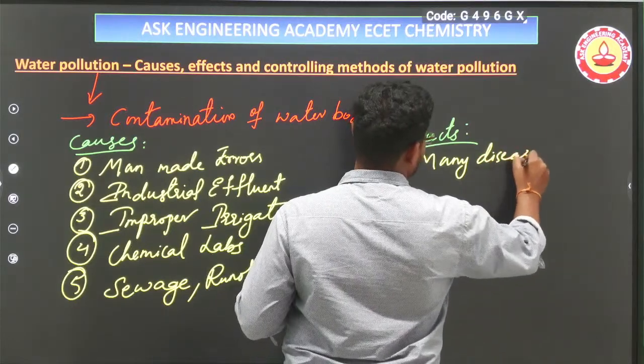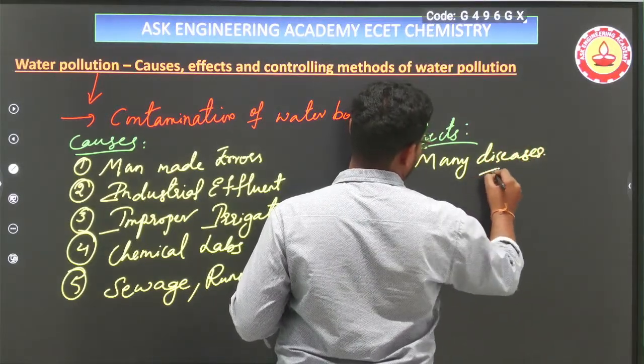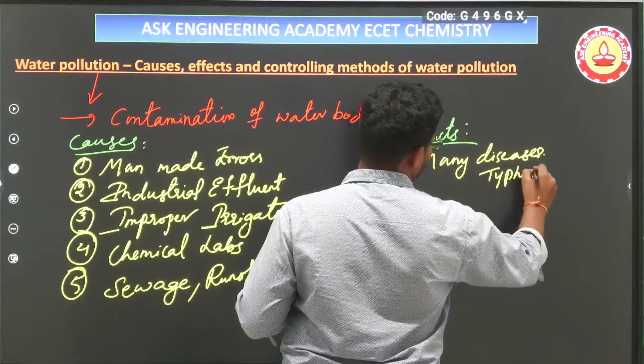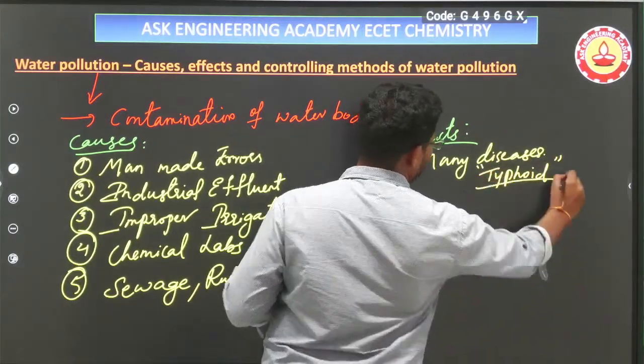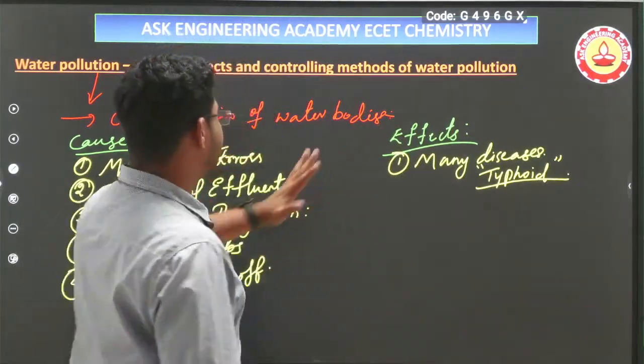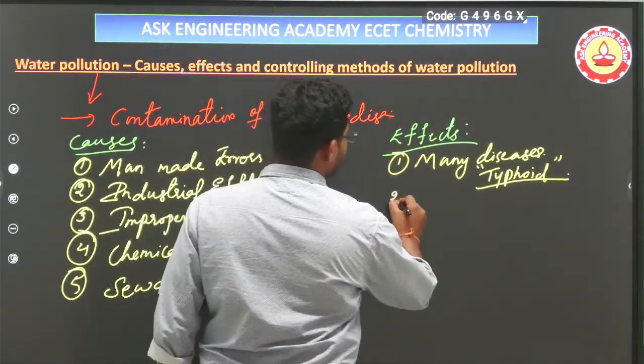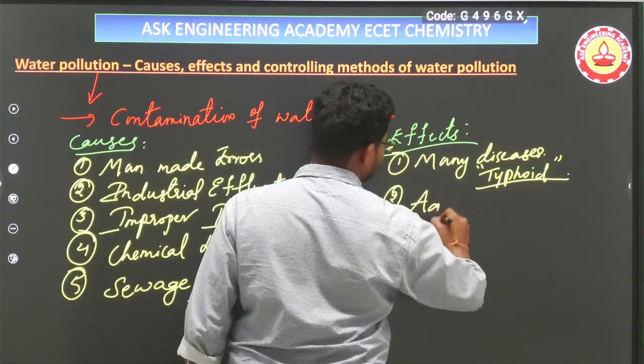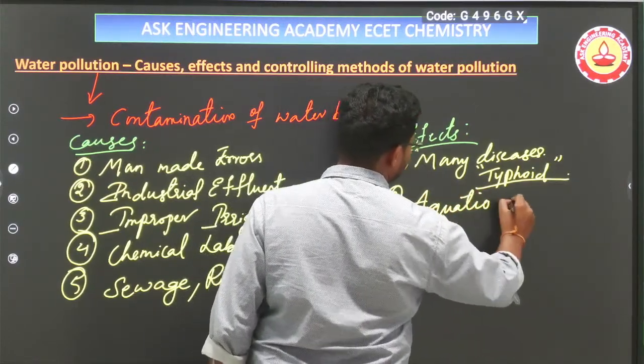Many diseases such as malaria and typhoid. Typhoid is important, because it is a waterborne disease. Water dwara vastundi kabatti, typhoid is a waterborne disease. And due to this, the aquatic ecosystem is getting disturbed. Aquatic, in the sense fishes and everything.